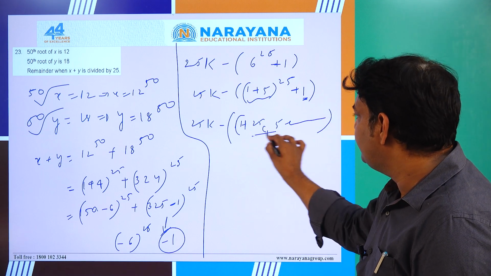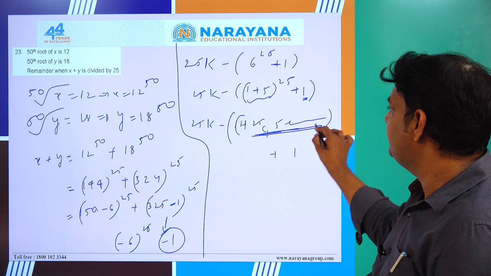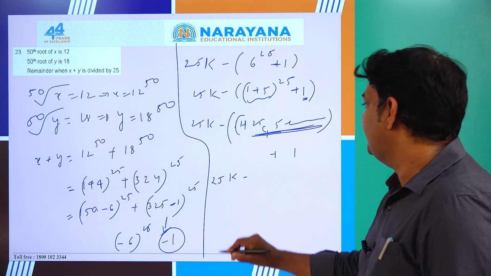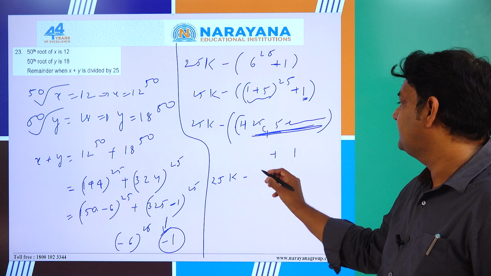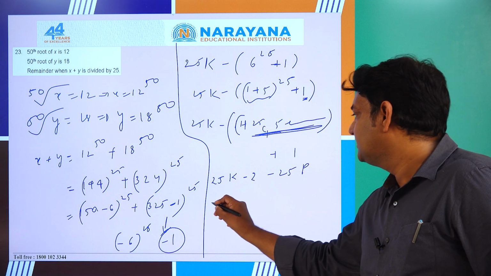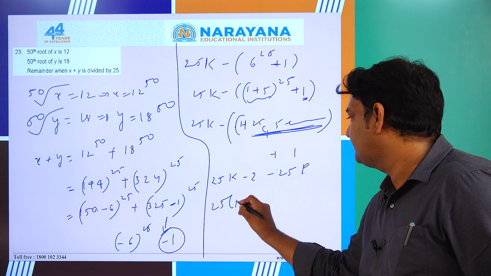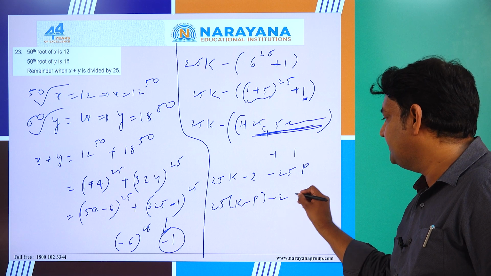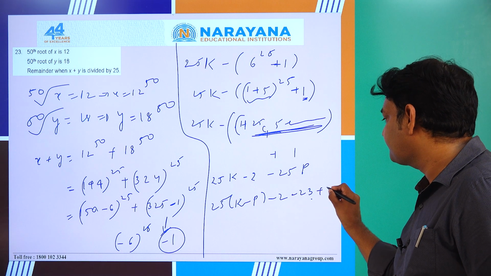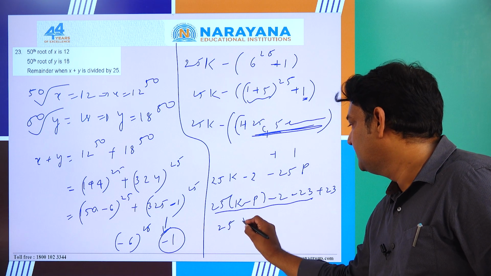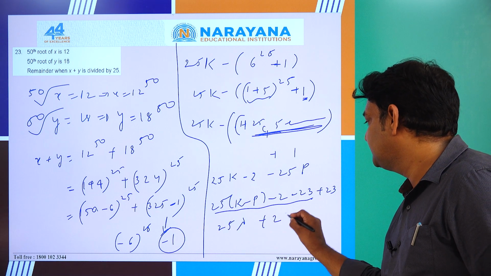Again observe that 25 into 5, all the remaining terms will be multiples of 25. So it is something like 25k minus 1 minus 1 minus 2 minus 25p, that is 25 times of k minus p minus 2. Remainder cannot be negative, so minus 23 plus 23. So from here again we will take 25 common, 25 lambda plus 23.